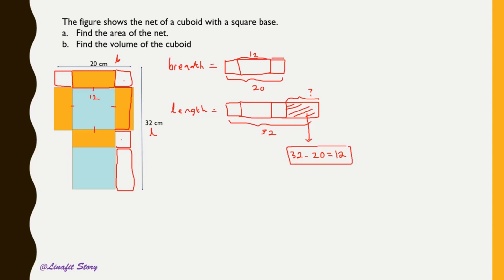Then, how to get the side of the square? So 20 minus 12, divided by 2, equals 4 cm.